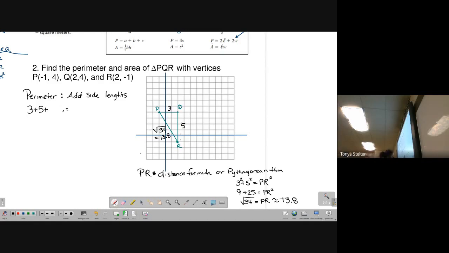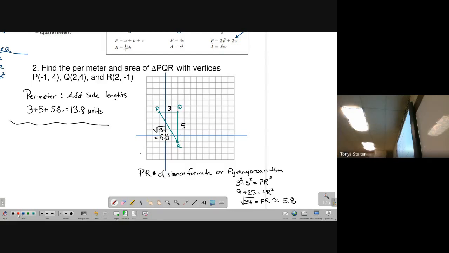This guy right here is 5.8, but we want to say 5.8 here, which ends up with a perimeter of 13.8. Sorry about that. So that's the perimeter. It doesn't give us any units of what these are being measured in, so you can just say 13.8 units, because we don't know what the units are.